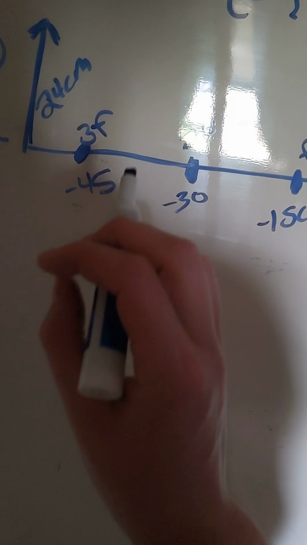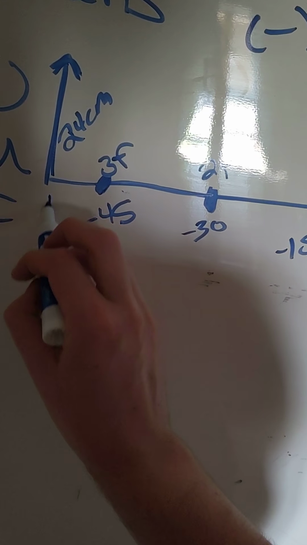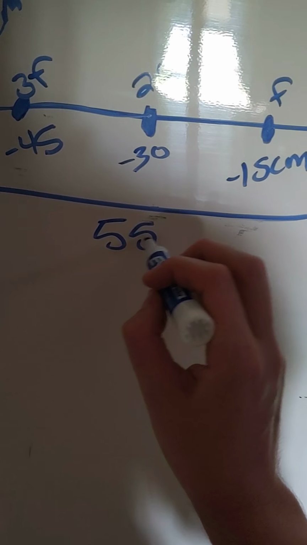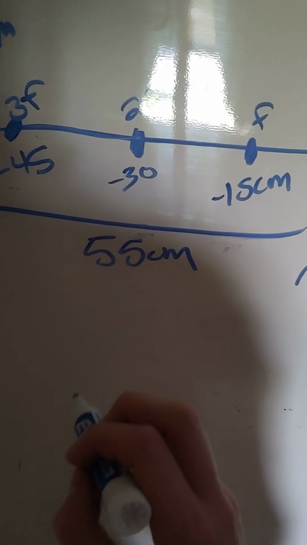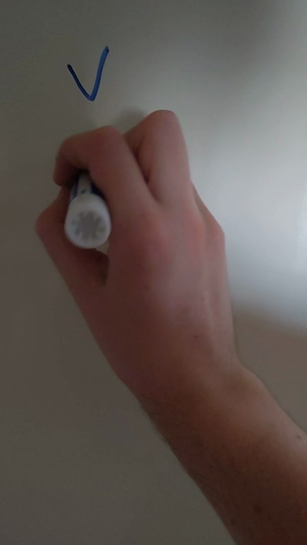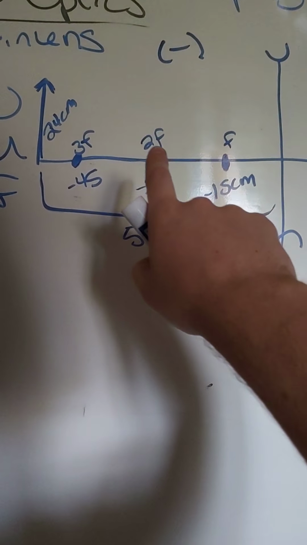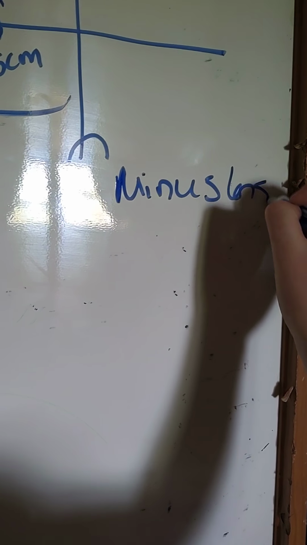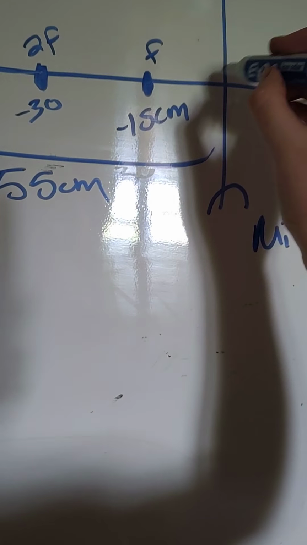All right, and so it is 55 centimeters out. We are going to be looking for, again, v, m, and I. Currently, because it was a negative focal length, we know that this is a minus lens.